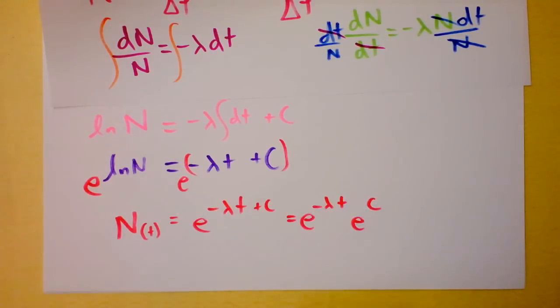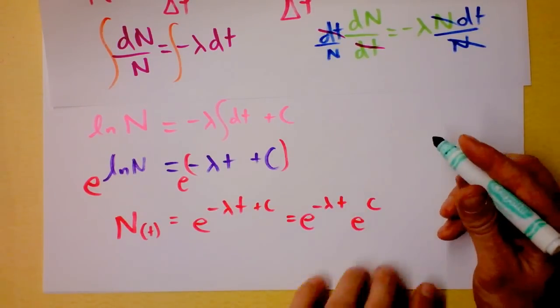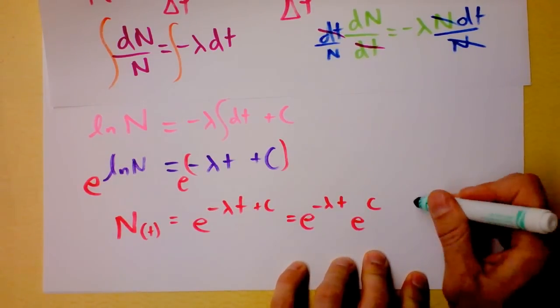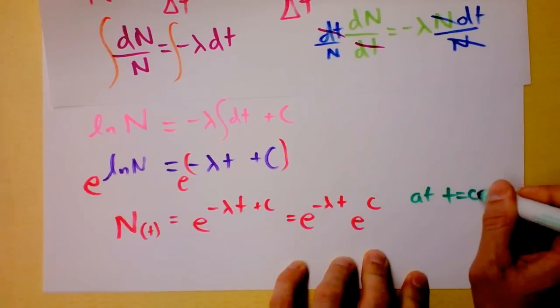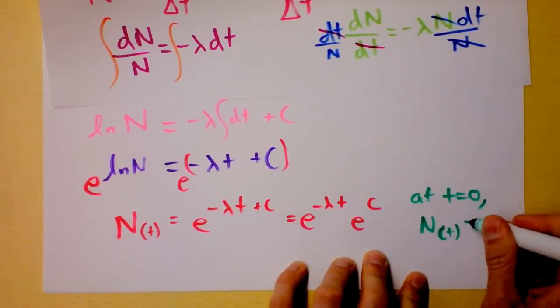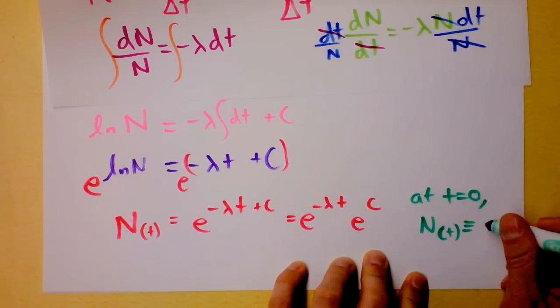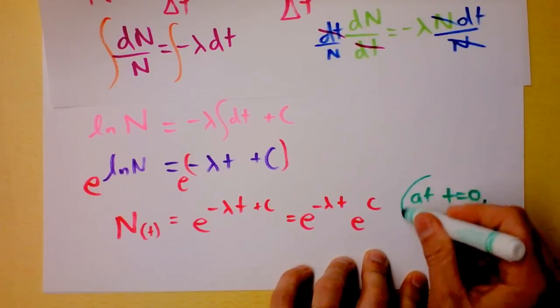See, mathematicians don't get to do this final step because they don't know boundary conditions, but the physicist can take the boundary conditions and say at t equals 0, the number has to be, by definition, n naught. The number as a function of t when t equals 0 is n naught.